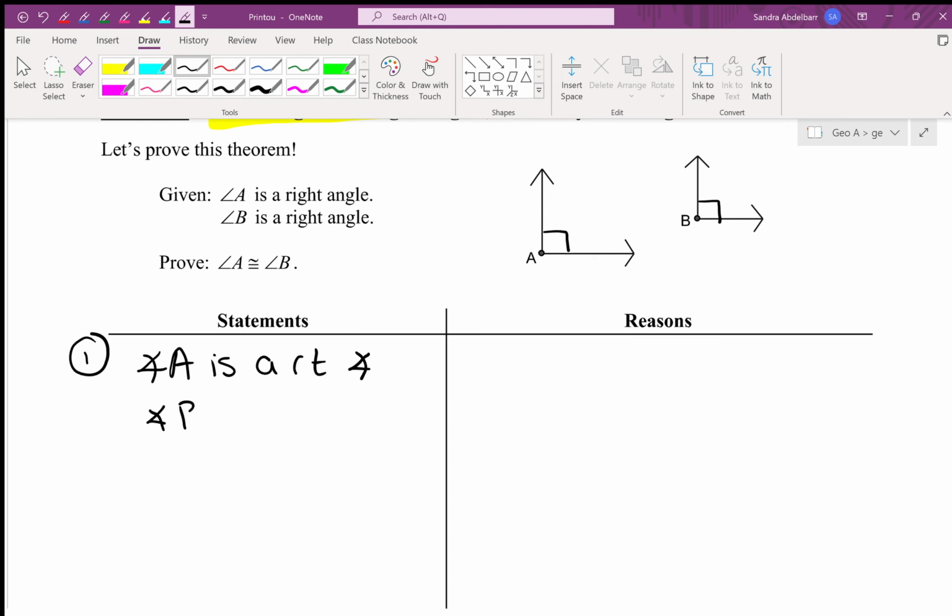Angle B is a right angle. I write all the given as one step. In the textbook, they put each piece of given information in its own step. It doesn't matter, it's whatever you prefer. And your reason for this is that it was given to us.